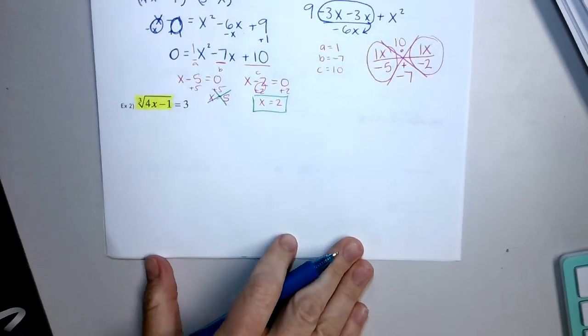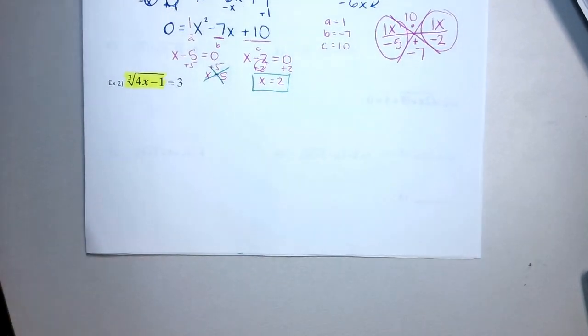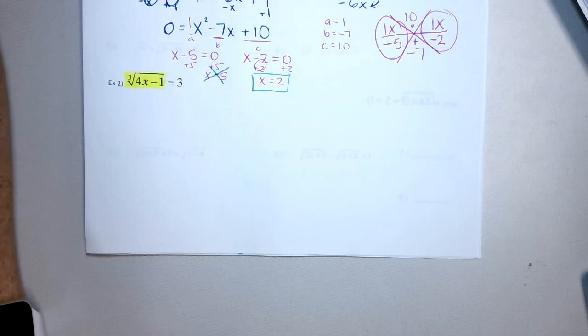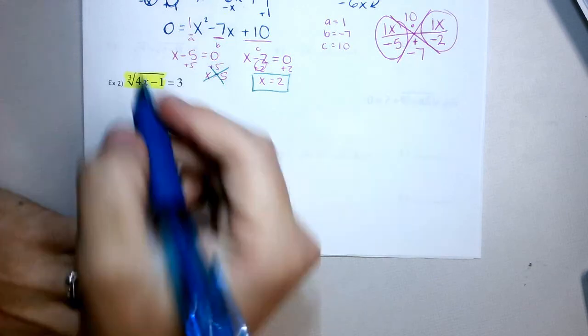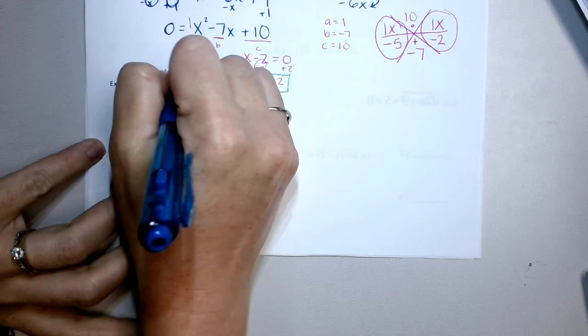Okay, so this one, is my radical alone? Yes, so what do I need to do to cancel that cube root? I have to give it the third power. I need to cube both sides. So I'm going to cube this side and this side.